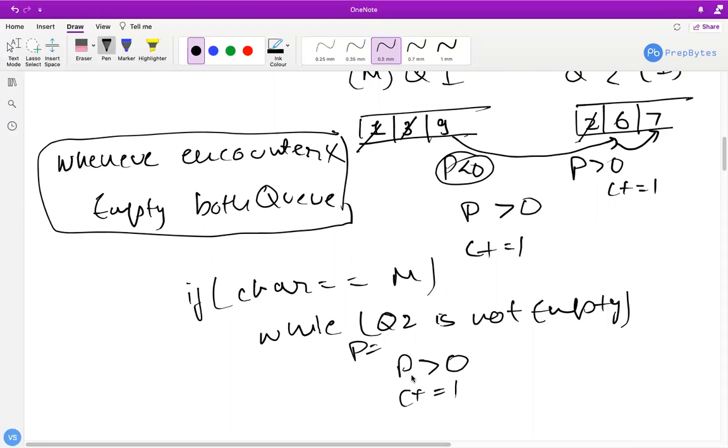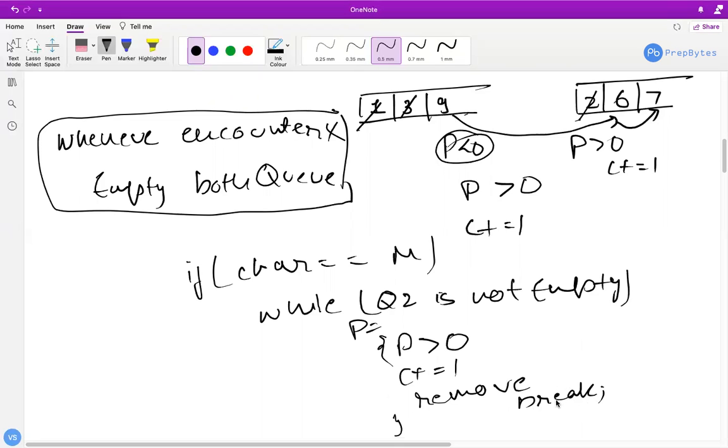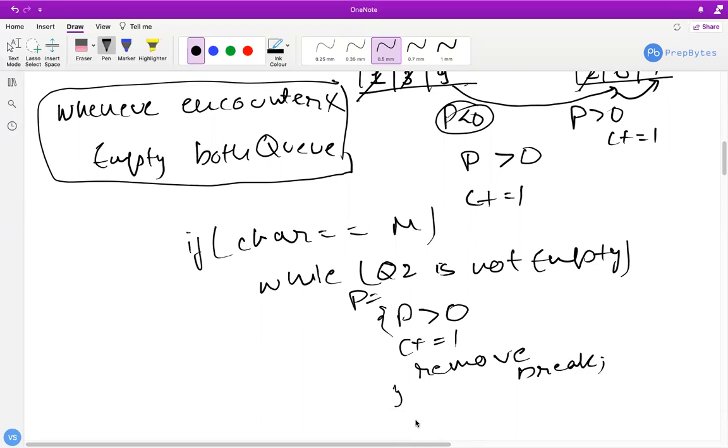If p is greater than 0, we will remove both indices, from Q1 and from Q2, and we will simply break. Otherwise, we can simply remove from only Q2.